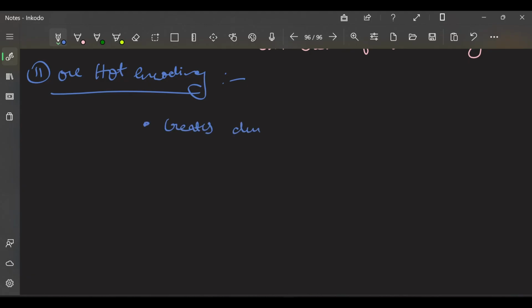Suppose there is, for example, country: India, USA, and Japan.